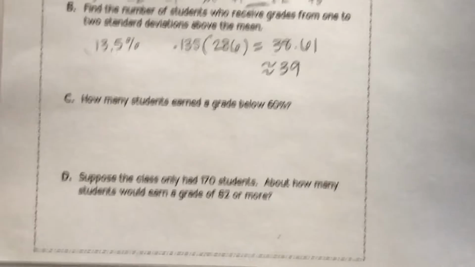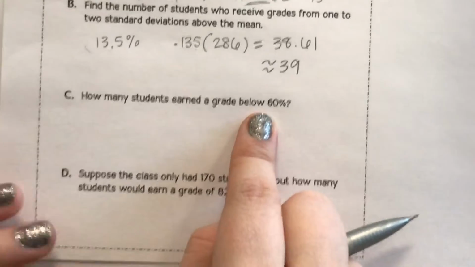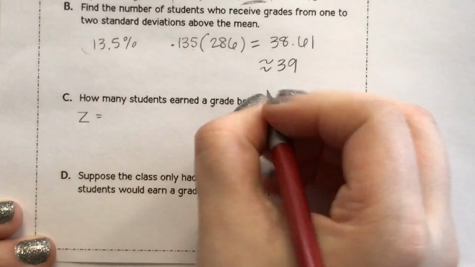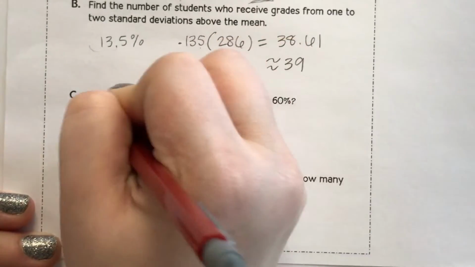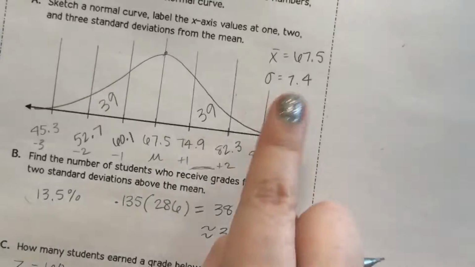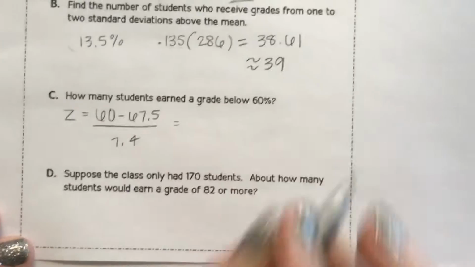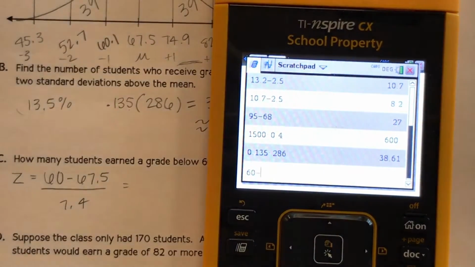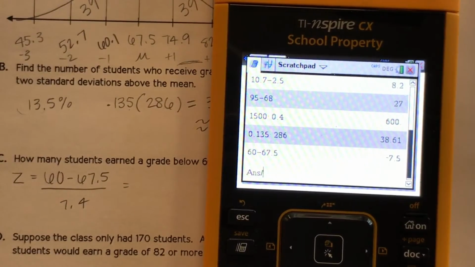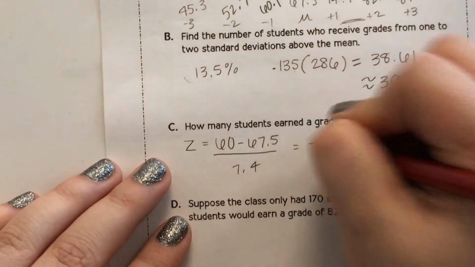How many students earned a grade below 60%? So we'll need to figure out what's the z-score for this one first of all. So z equals 60 minus the mean, 67.5, over the standard deviation, which is 7.4. So if we plug that into our calculator, 60 minus 67.5 divided by 7.4 is negative 1.01, so we'll just say negative 1.